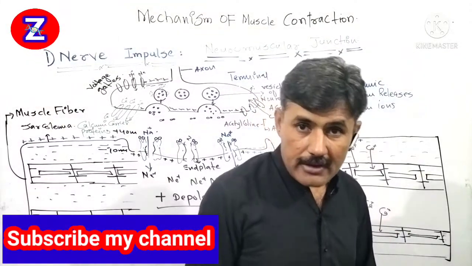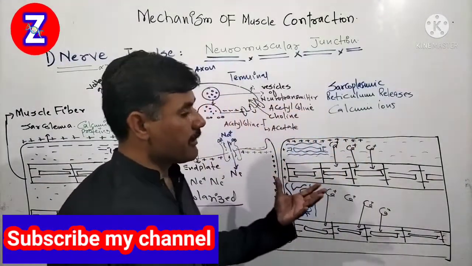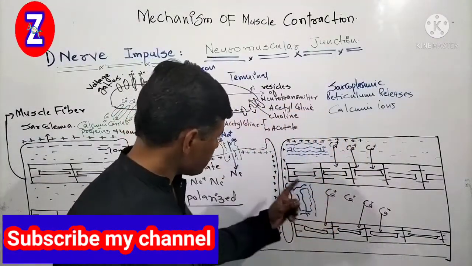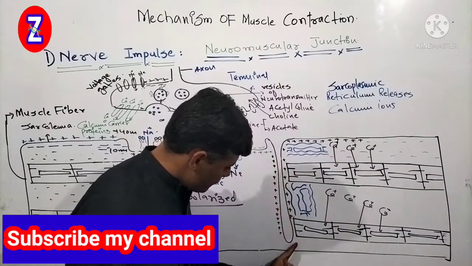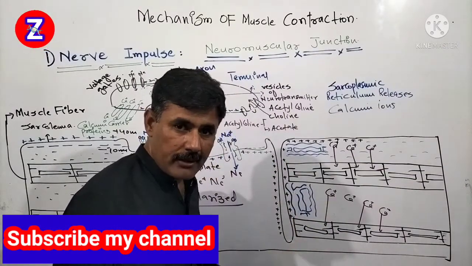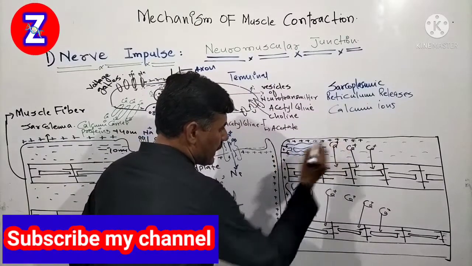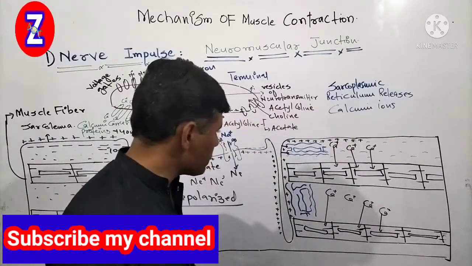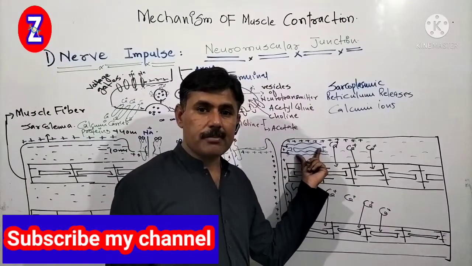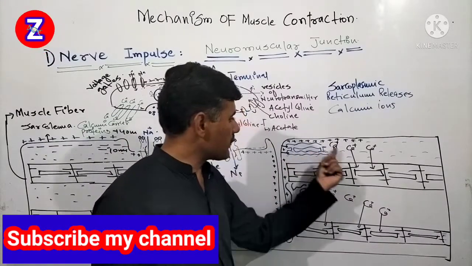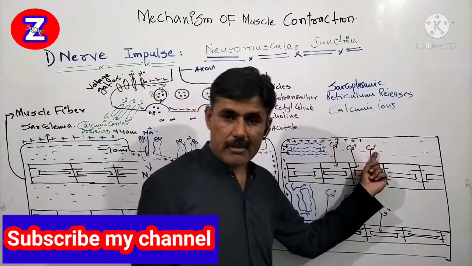One such important event is the release of calcium ions. As the sarcolemma is depolarized, this depolarization stimulates the sarcoplasmic reticulum, and the sarcoplasmic reticulum releases calcium ions.